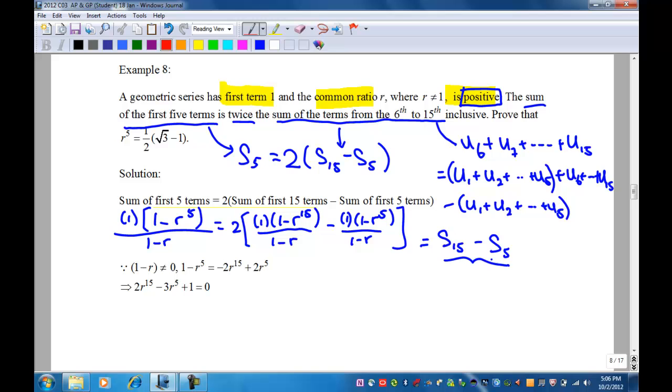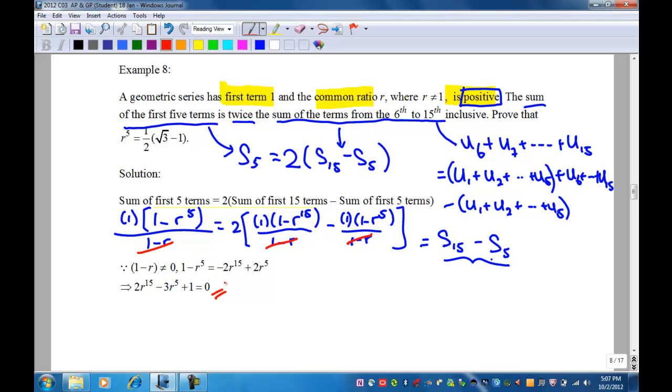We can multiply throughout by 1 minus r, giving us only the terms in the numerator. And when we simplify, we will obtain the equation 2r power 15 minus 3r power 5 plus 1 equals 0.